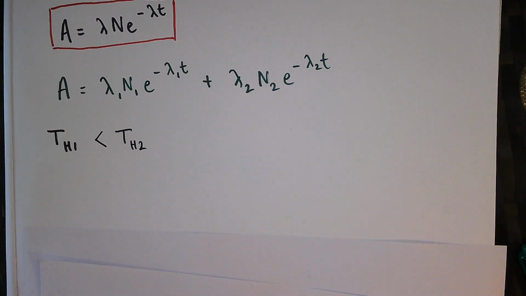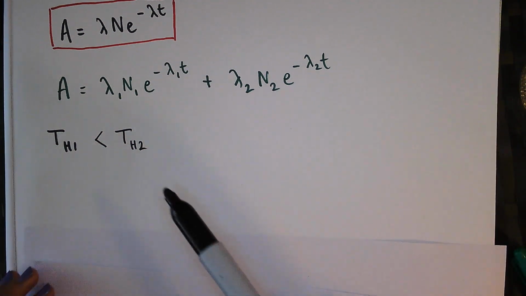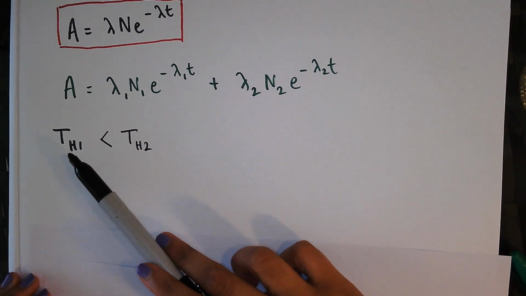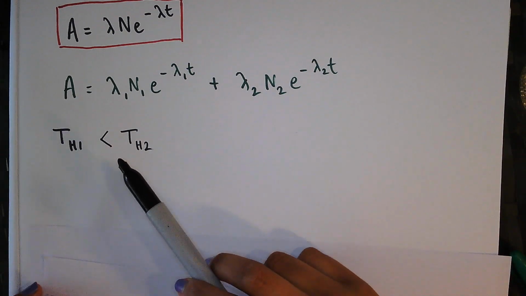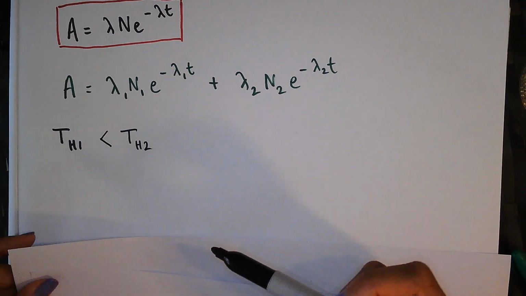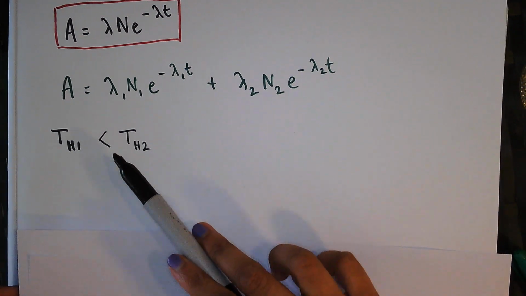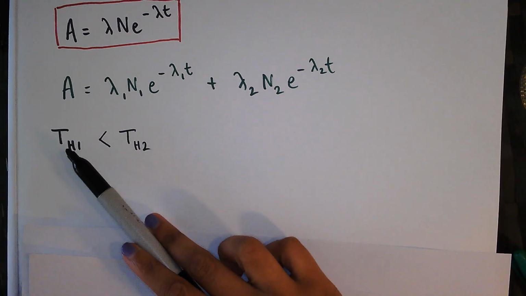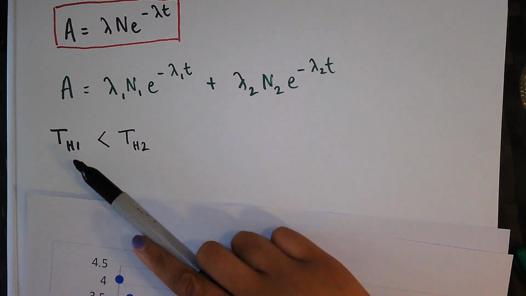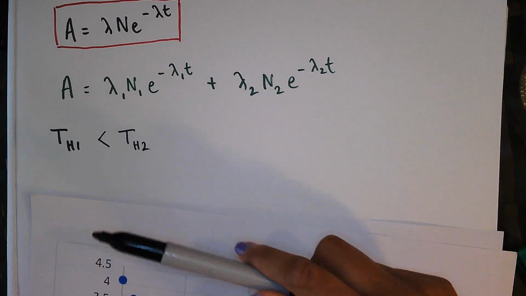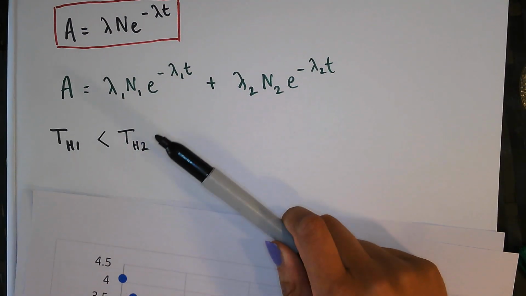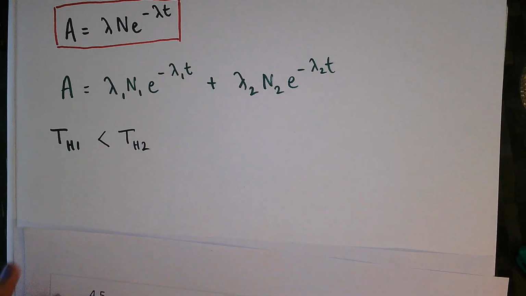And therefore the first component is going to be decaying much faster than the second component, and so when the time t is much greater than the half-life of the first component, we would expect the activity of the first component to be very low, and the activity would be roughly equal to just the activity of the second component.